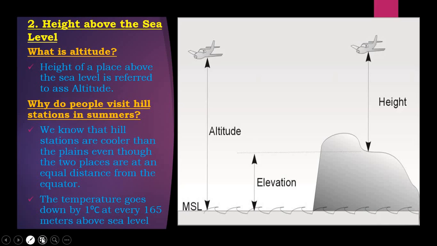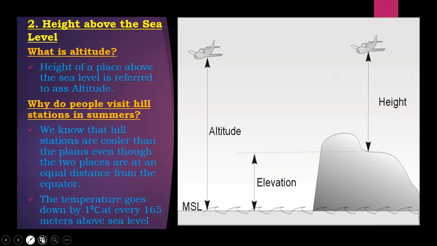See children, the air closer to the Earth's surface is dense, and it absorbs more heat from the sun.